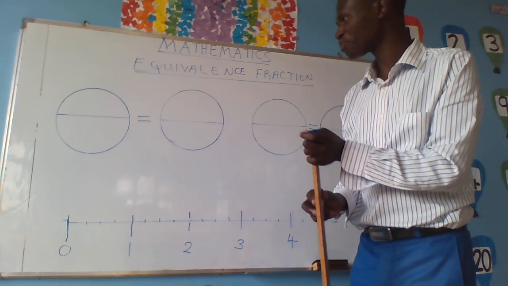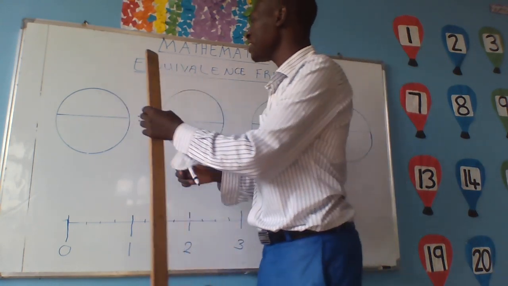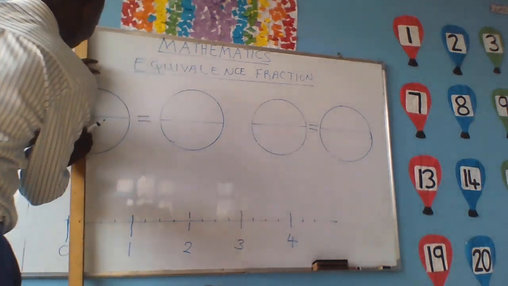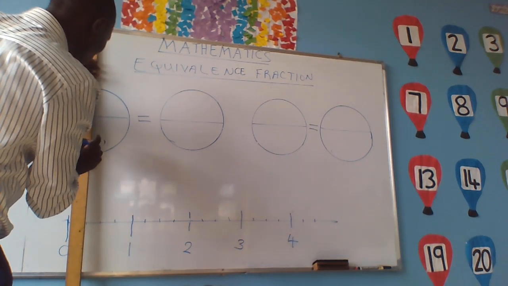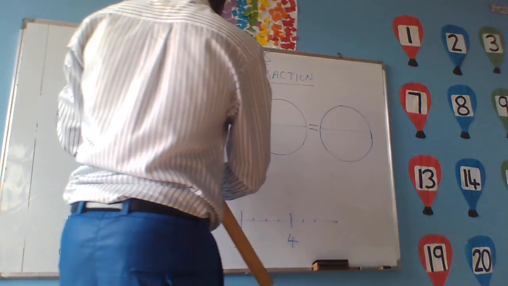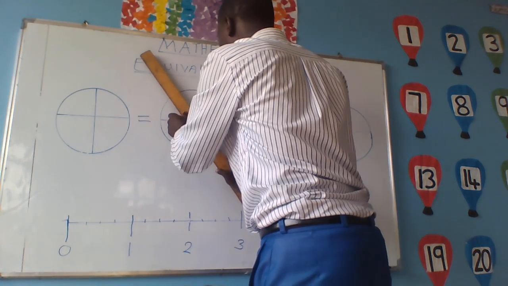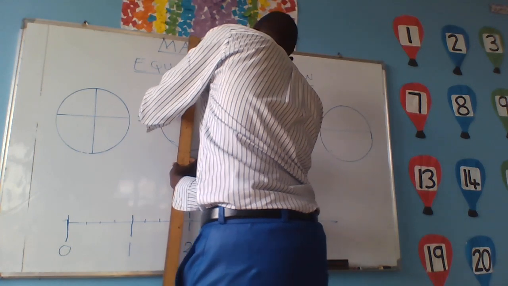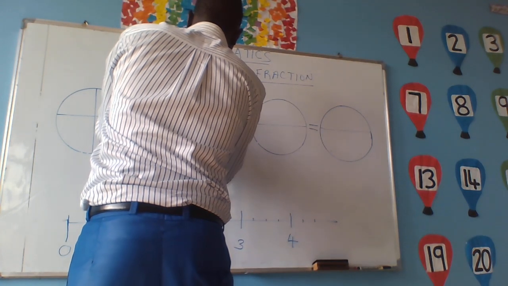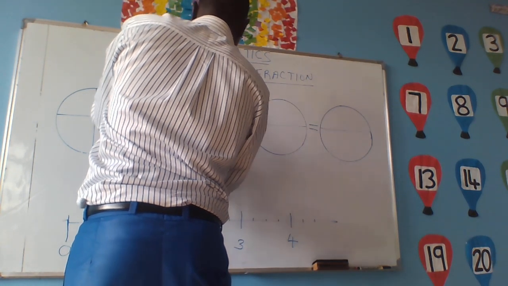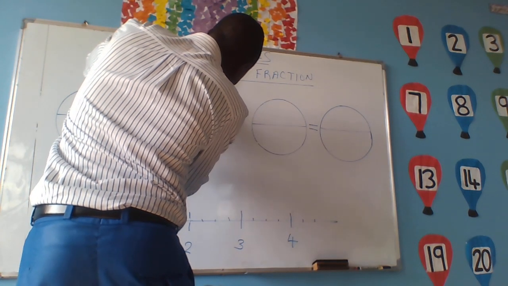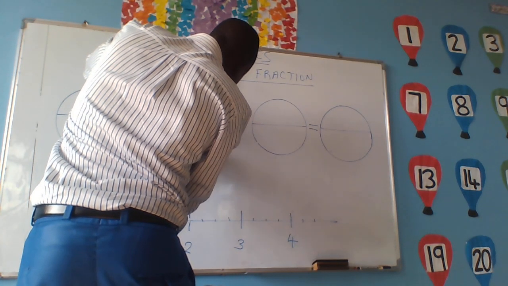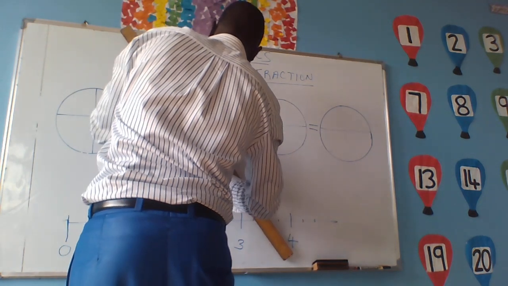For example, I divide this one into quarters in this way, and I divide this one into eighths.